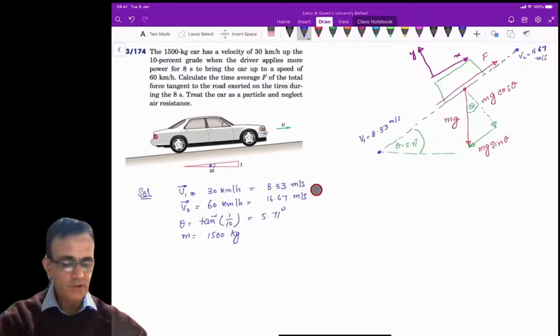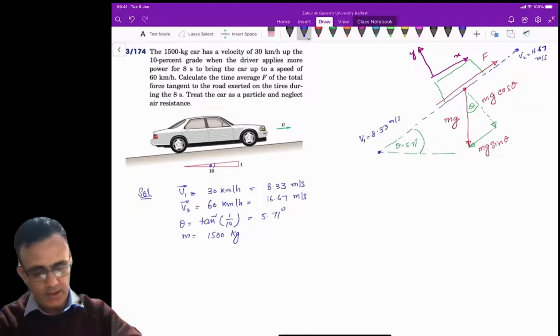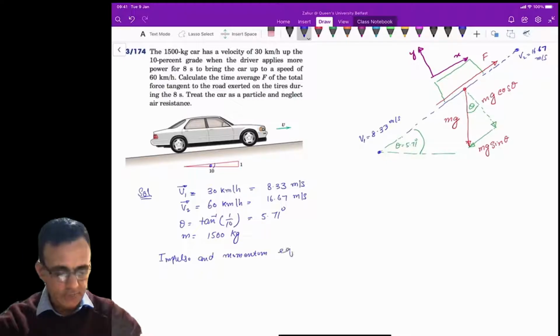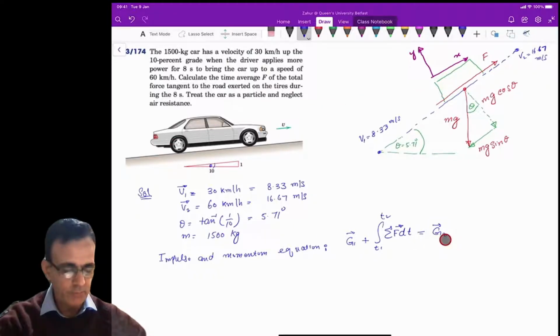So if you consider this figure here now, we know the equation of impulse and momentum. The impulse and momentum equation is G1 plus the integral from t1 to t2 of the summation of all the forces dt equals G2.